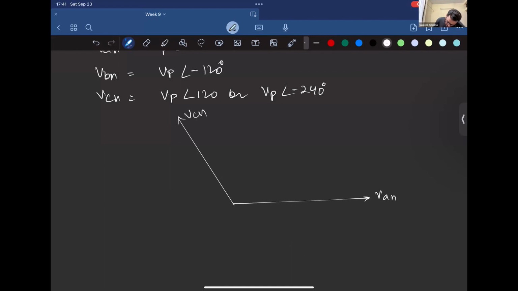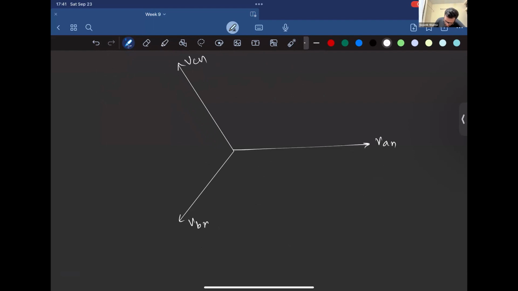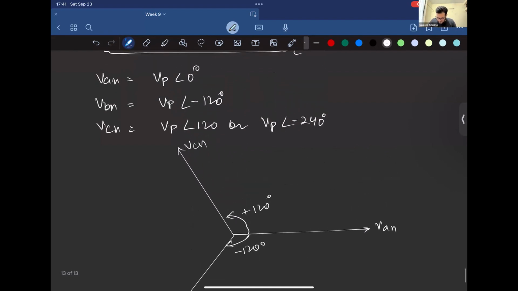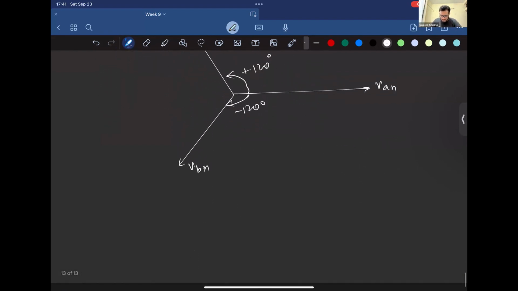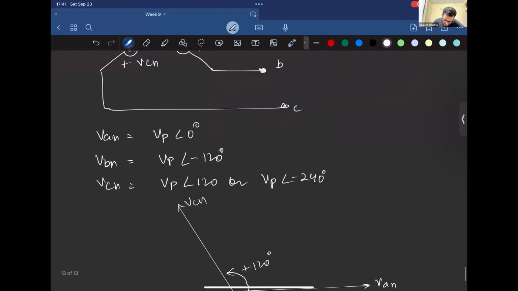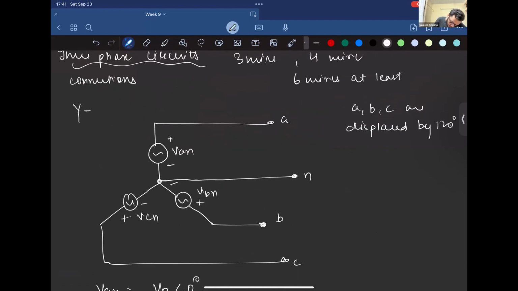This would be VCN and this would be VBN. So this is one way. This is star connected or Y connected.